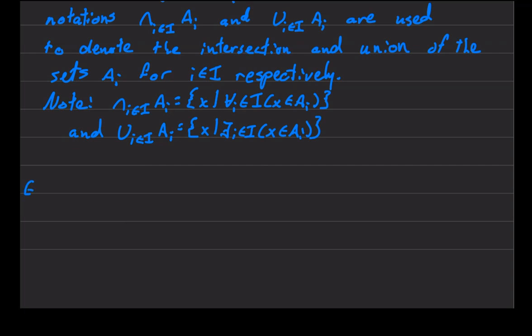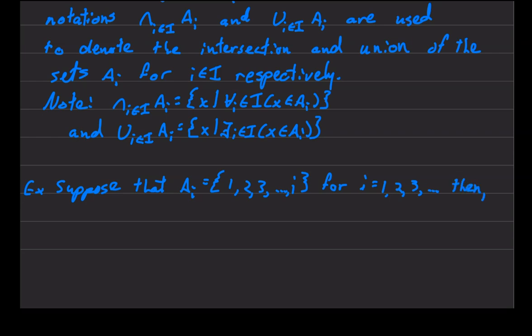Can do an example. Suppose that Ai is equal to the set 1, 2, 3, ... to i for i equal to 1, 2, 3.